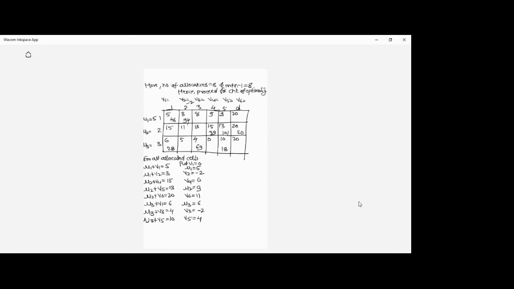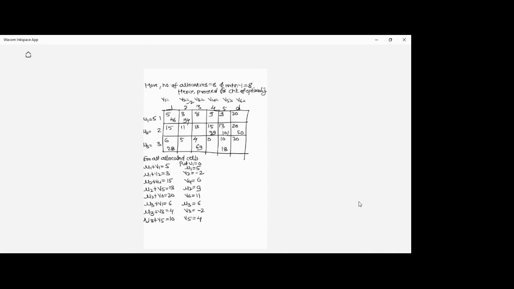U1 value is coming out to be 5, V2 value is coming out to be minus 2, V4 value is coming out to be... Let's cross check this.